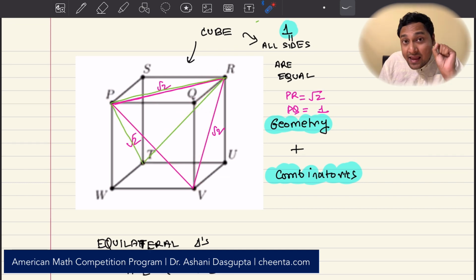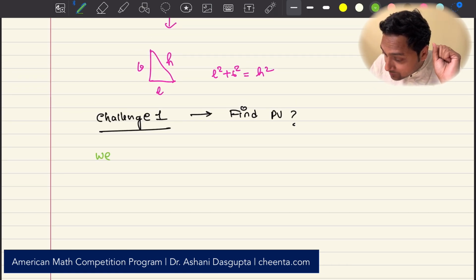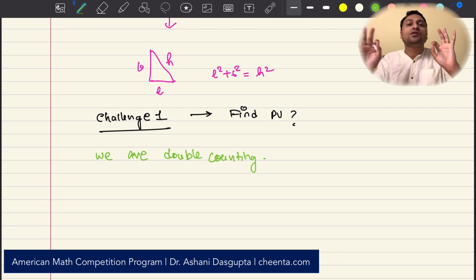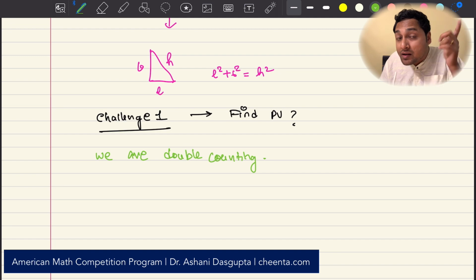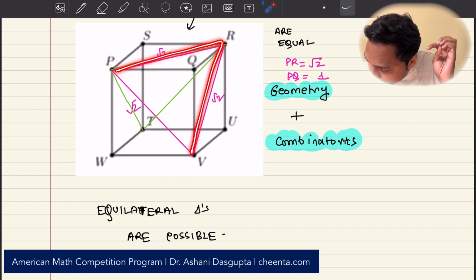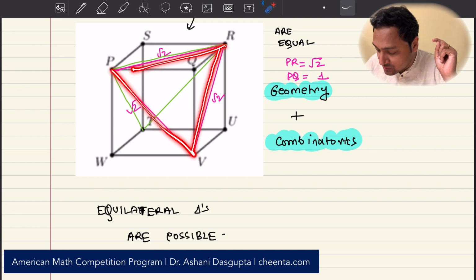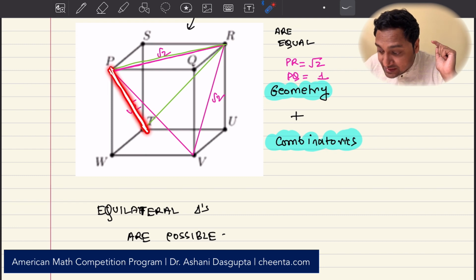The thing to realize here is that we are double counting. For each square diagonal coming out of P, you have 2 equilateral triangles, but then you are double counting, because for PR you have PVR, and for PV you also have PVR. The same thing will be true for PT.